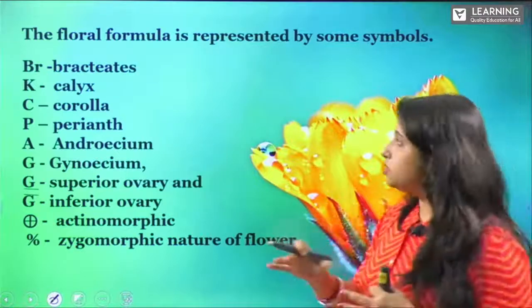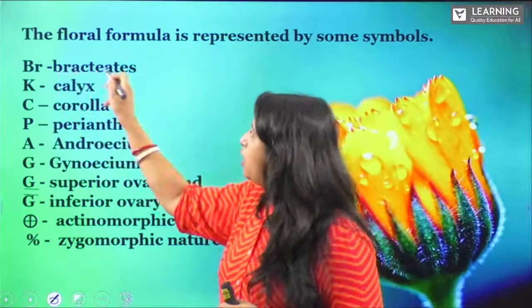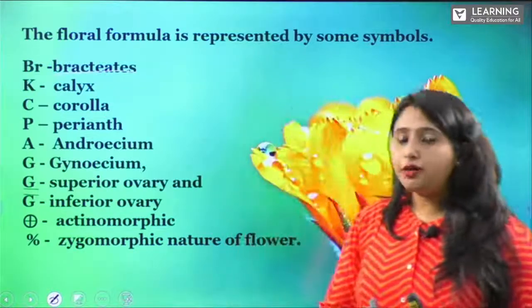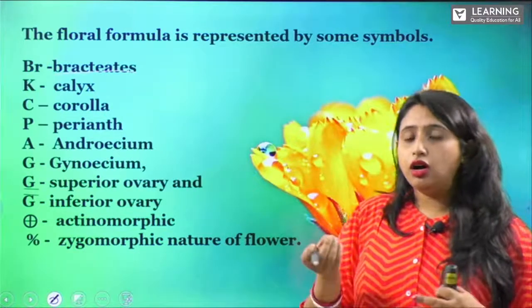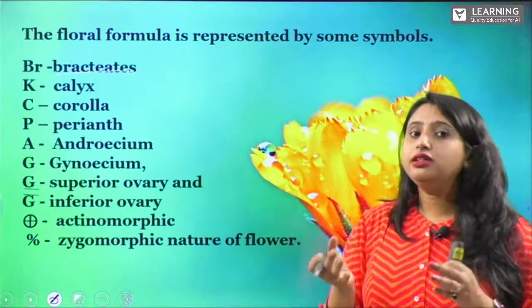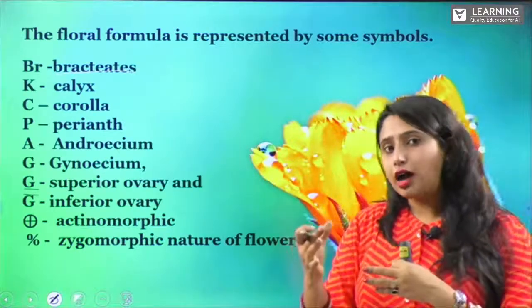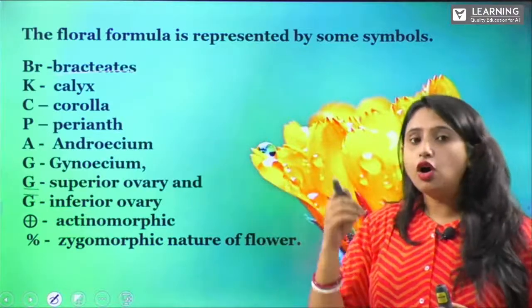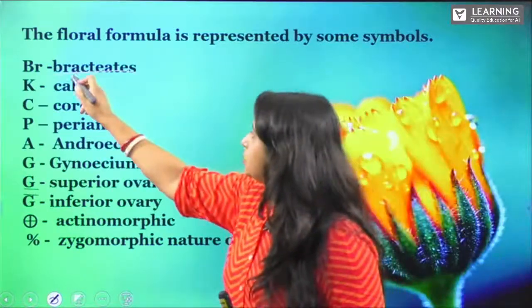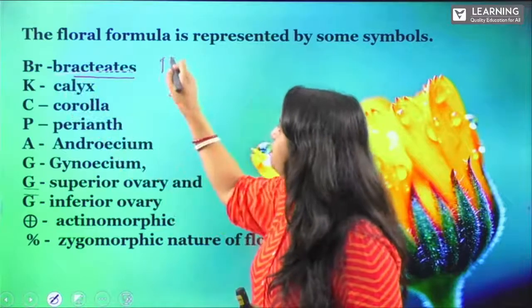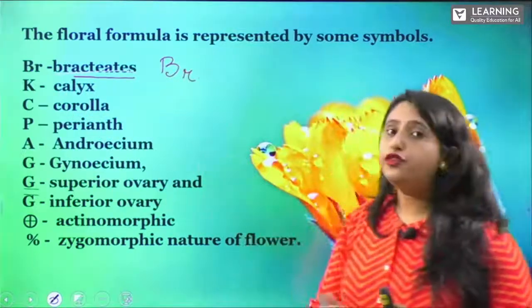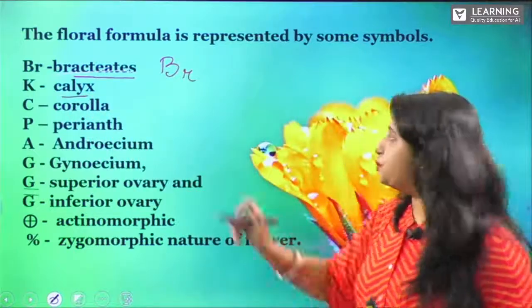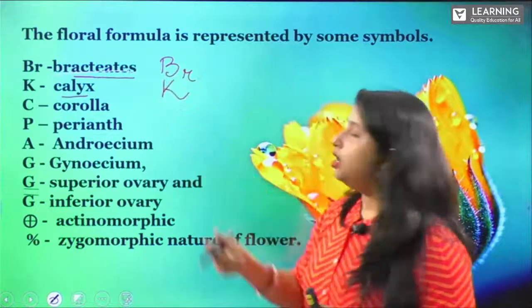We have seen that flowers can be identified by whether the bracts are present or absent. When bracts are present in a flower, we call it bracteate, right? So we write it as Br for bracteate. Calyx is represented as K, all right.